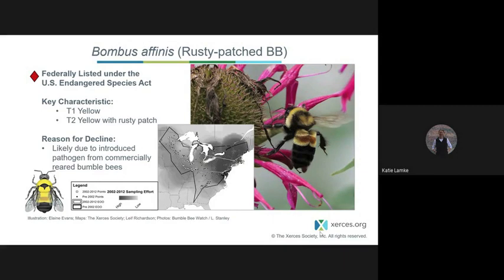So if anybody does happen to amazingly catch one of these, there are some extra steps that we have to take. Key characteristics for this bee are that T1 is yellow and T2 has this brownish, orangish, reddish, rusty, if you will, a rusty patch on T2 that's circled by yellow. And the reason for its decline is likely due to an introduced pathogen from commercially reared bumblebees.